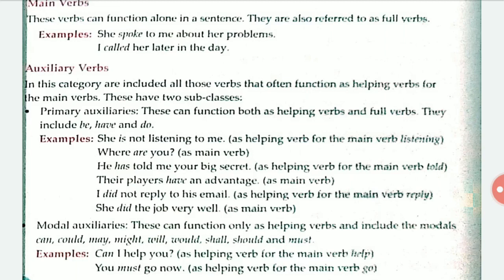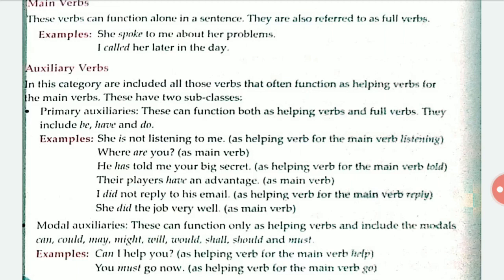Next example is: he has told me your big secret. Has told, here has is used as a helping verb for the main verb told. Understood or not? If you couldn't understand, you can reverse the video, skip a little back and watch the video again.